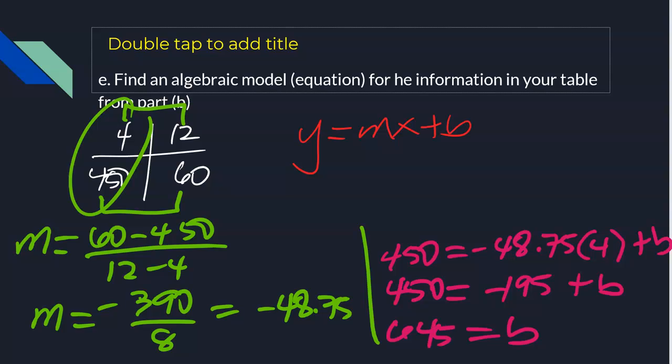So now we have the slope and the y-intercept. So the equation is y equals negative 48.75x plus 645.